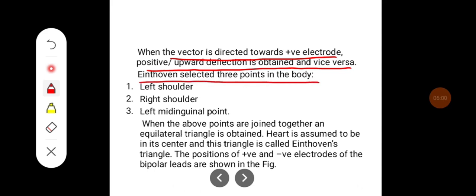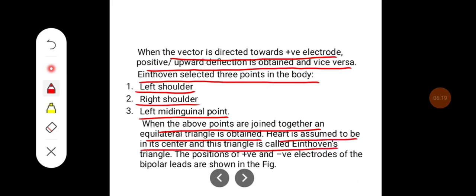Einthoven selected 3 points in the body, that is the left shoulder, right shoulder, and mid-inguinal point. When the above points are joined together, an equilateral triangle is obtained. The heart is assumed to be in its center, and this triangle is called Einthoven's triangle. The positions of the positive and negative electrodes of the bipolar leads are shown in the figure.